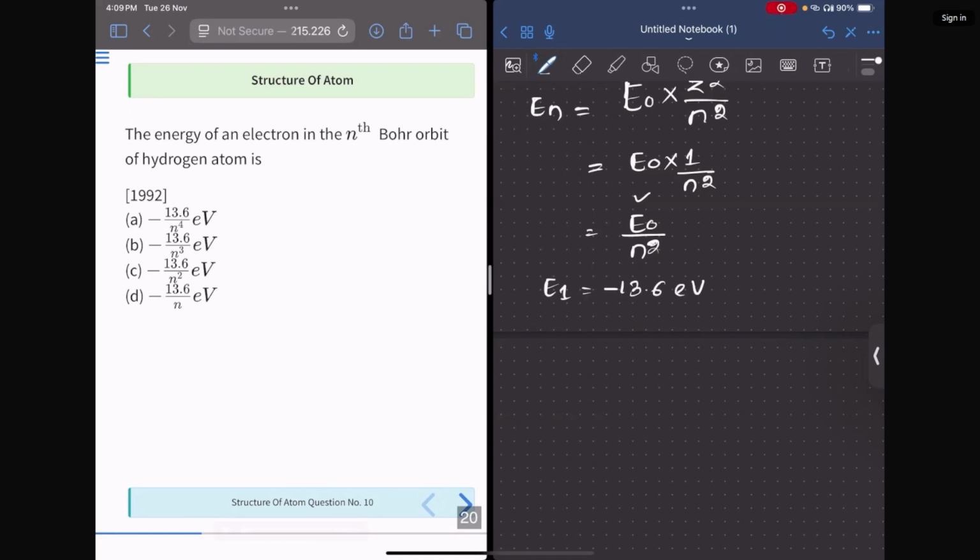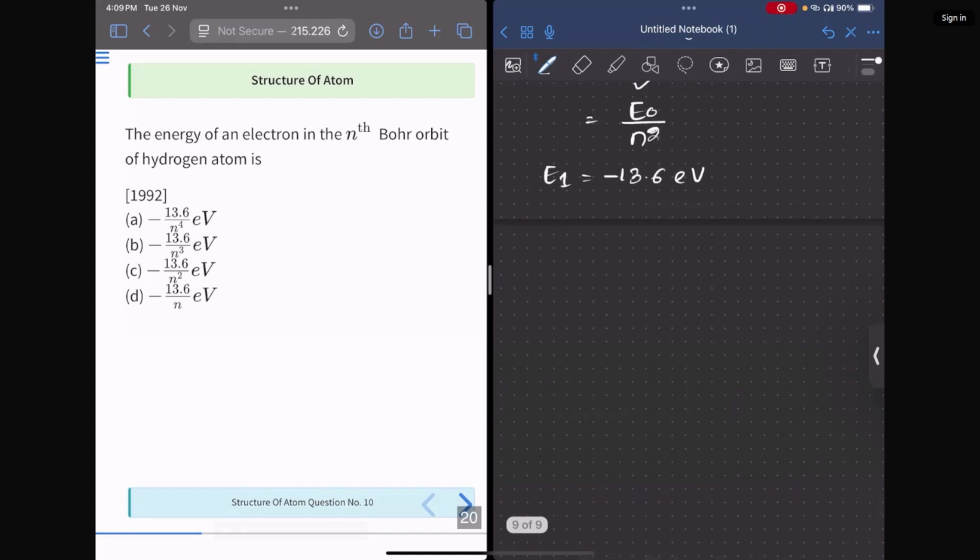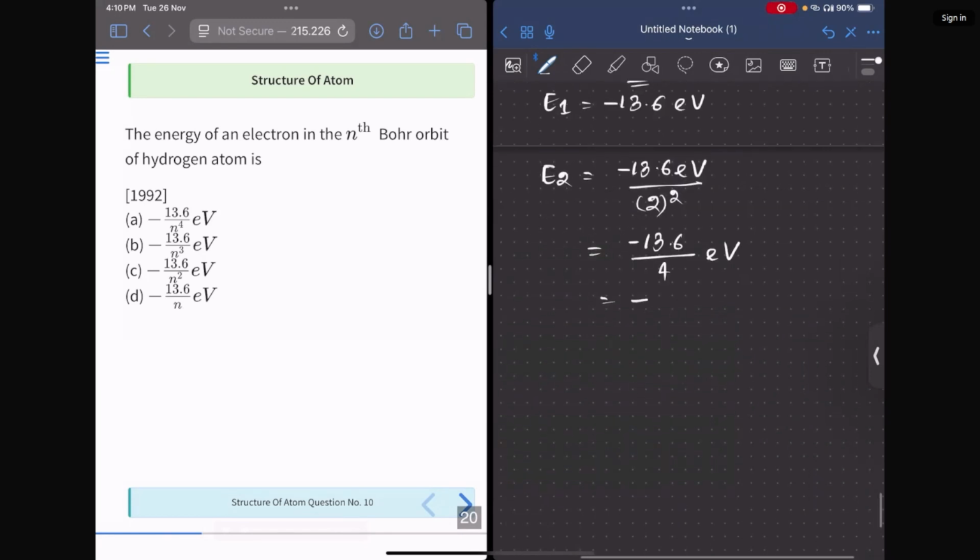But that is not sufficient for you. You have to remember all the energy levels at least up to the fourth orbit. So let's find out. E2, the energy level of orbit 2, is minus 13.6 electron volt divided by 2 square, which is minus 13.6 divided by 4, around minus 3.4 electron volt.